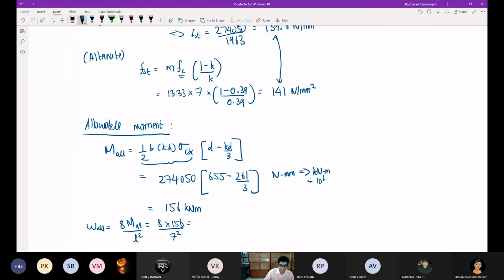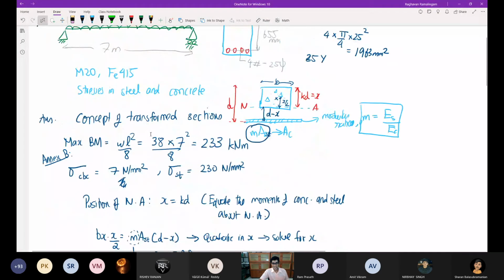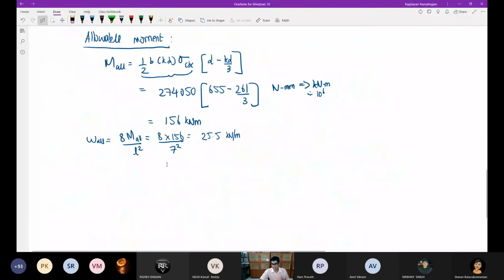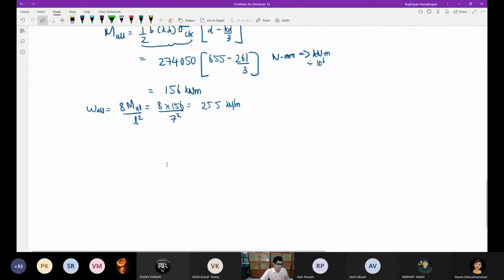You'll get about 25.5. So actual allowable is only 25.5. For this beam, 38 has actually been applied, meaning that it's been given a load more than what you can safely give it. So you can just say this beam is not safe for the given load.